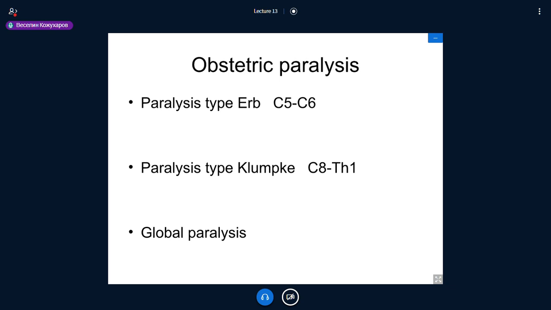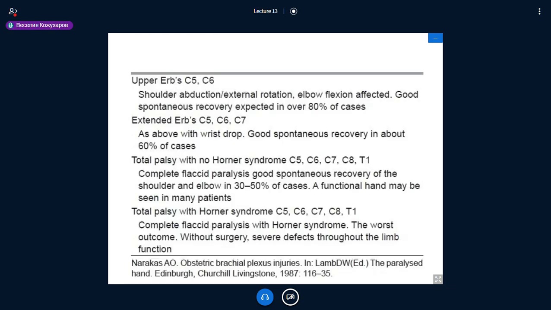But some investigators divide the cases and presentation of brachial plexus injuries in a more extended classification, which comes from Narakas. This classification divides the cases in 4 groups.